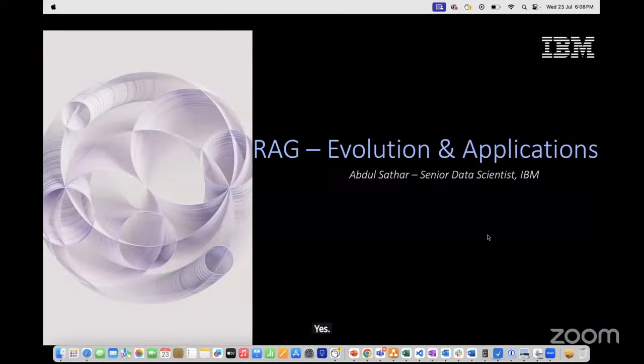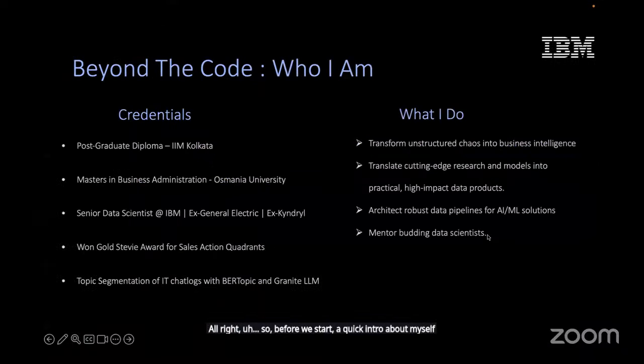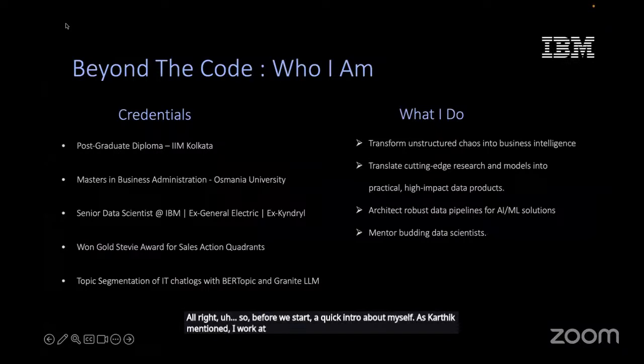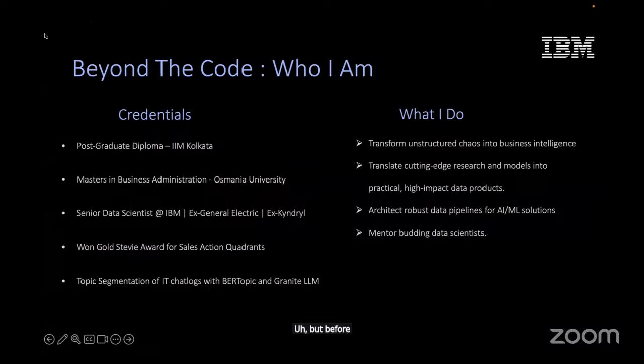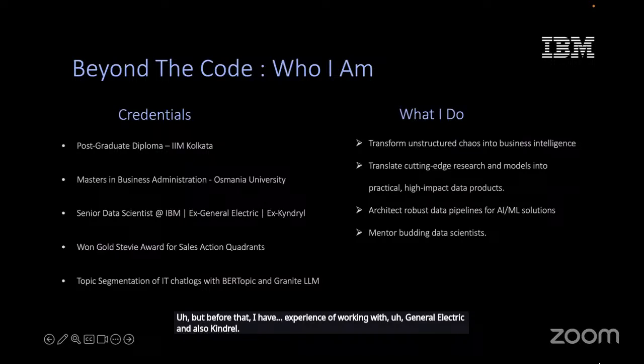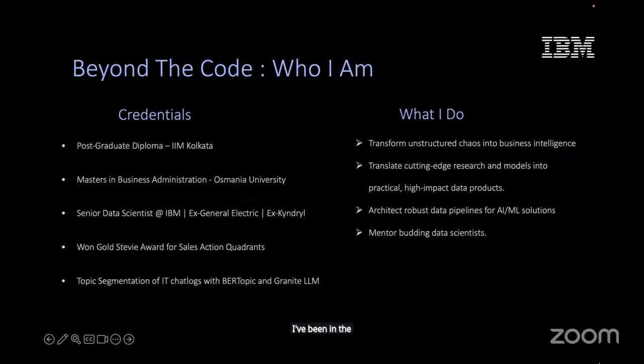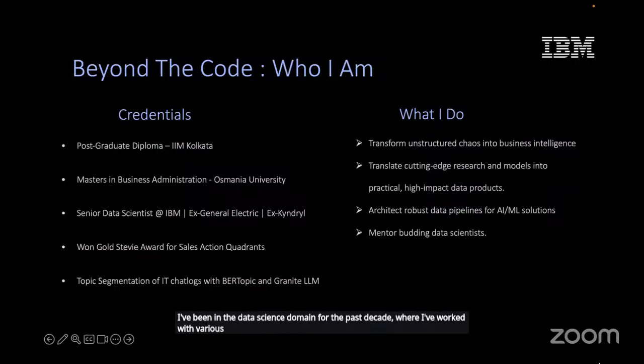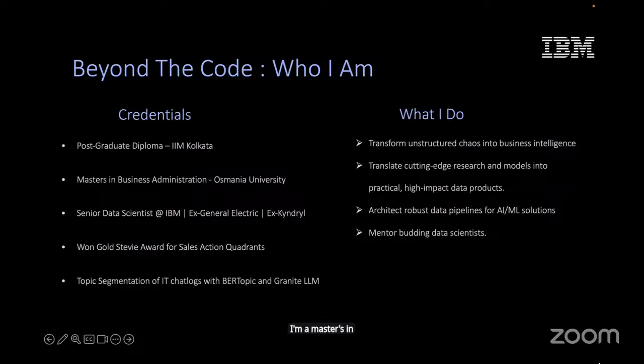Okay. All right. So before we start, a quick intro about myself. As Karthik mentioned, I work at IBM currently. But before that, I have experience of working with General Electric and also Kyndryl. I've been in the data science domain for the past decade, where I've worked with various data science technologies. I'm a master's in business administration, and you might wonder, somebody from an MBA background doing the data science work.